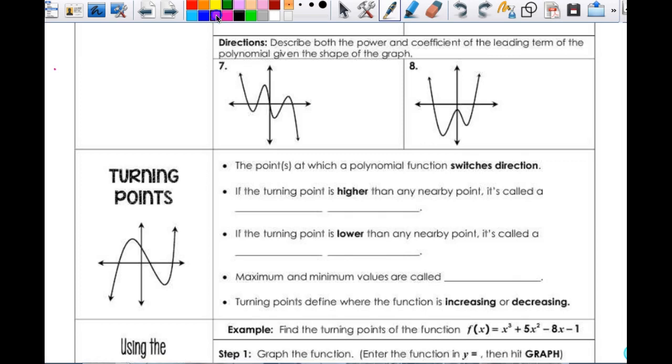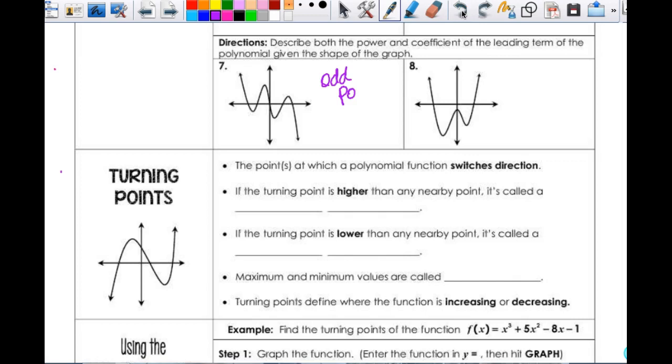So when we look at number 7, since the end behavior, the ends are opposite, I know that it has to be an odd power. Or an odd degree, is what I'm really meant to say. Which is still an odd power, but it's an odd power on the highest term.